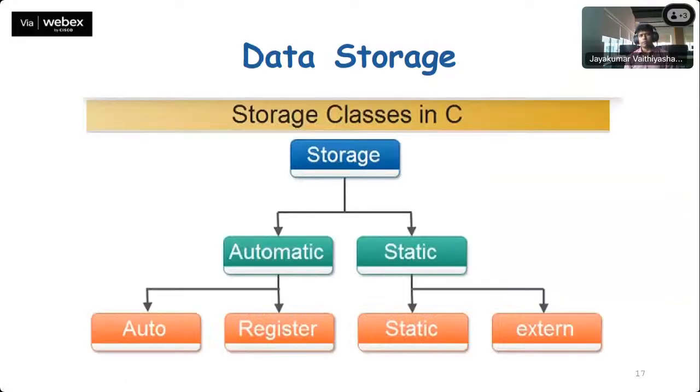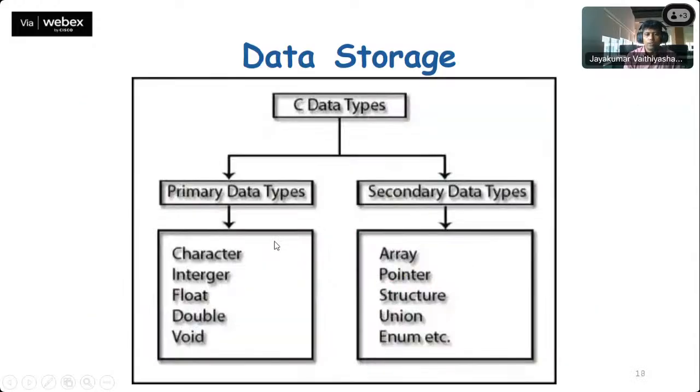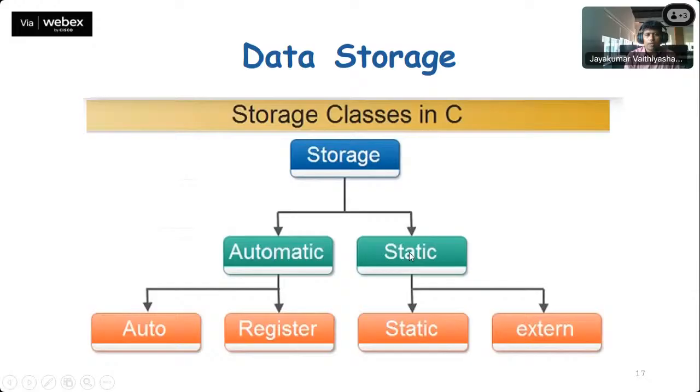So next topic is data storage. If you are having some variables, if you want to store your data, you need variables. So we try to compare with C language, where in more depth we can see how the data are stored rather than in Python. Storage class is divided into two: one is automatic, one is static.